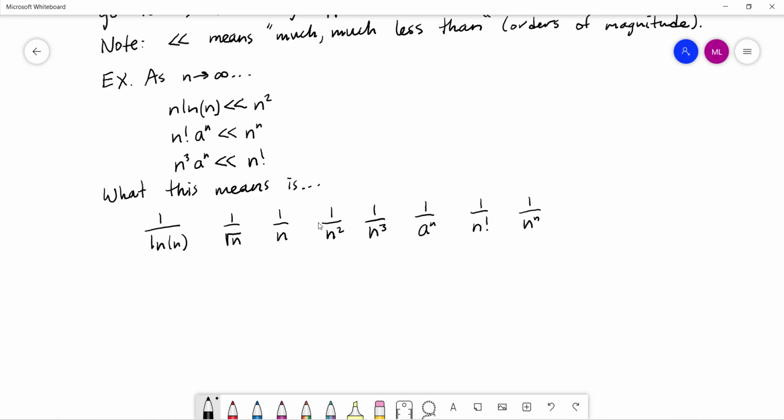When we take the reciprocals, all of these are now going to 0 as n goes to infinity. But for these ones, because the denominator is going to infinity much slower, these terms are going to be much larger than the terms as you move right. So now our inequalities switch directions.